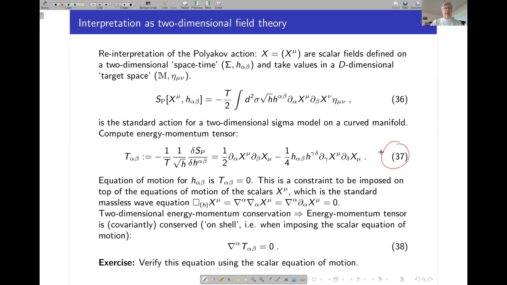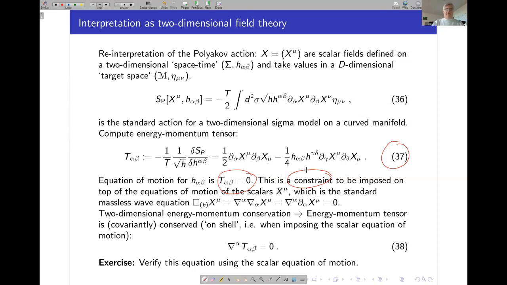And the equation of motion for the auxiliary field worldsheet metric then becomes a condition that the energy momentum tensor vanishes. This is a constraint, as we stressed, that is imposed on top of the equations of motion, and I think today we will understand completely how we can do this.